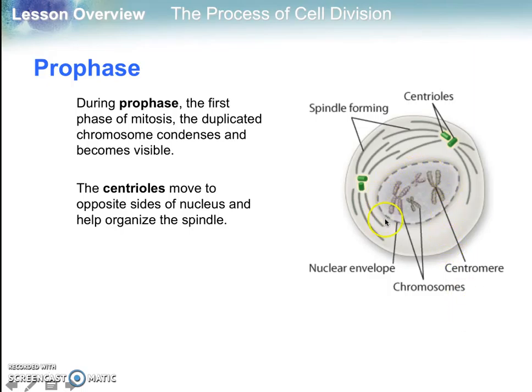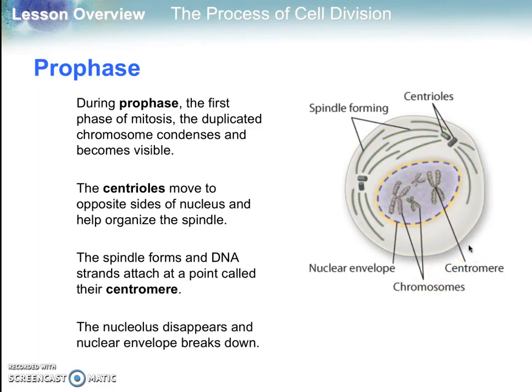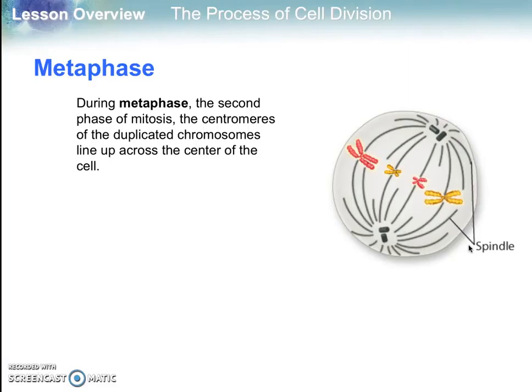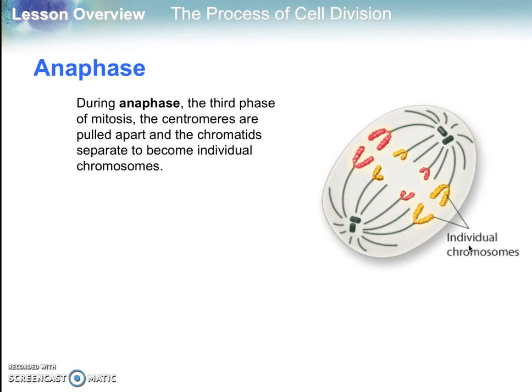And you can see that the nuclear envelope is starting to dissolve. During metaphase, the second phase of mitosis, the centromeres of the duplicated chromosomes line up across the center of the cell. So metaphase is all about the middle. The spindle fibers connect the centromere of each chromosome to the poles of the spindle.